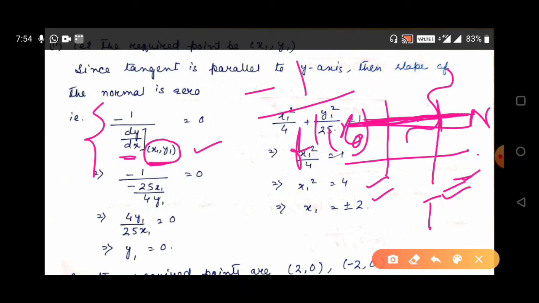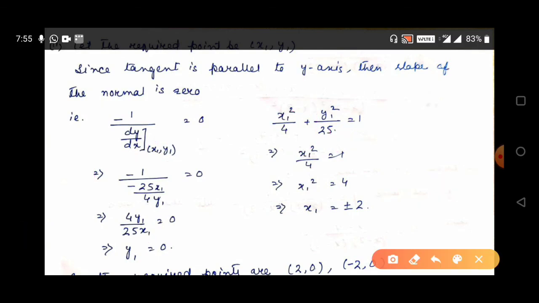So from here we will get 4y1 by 25 x1 is equal to 0. x1 can never be 0, so y1 is equal to 0. Again, the assumed point is on the curve also. So x1 y1 will satisfy the equation of the curve.